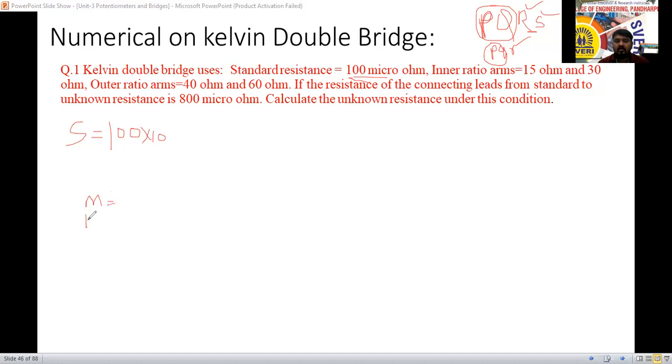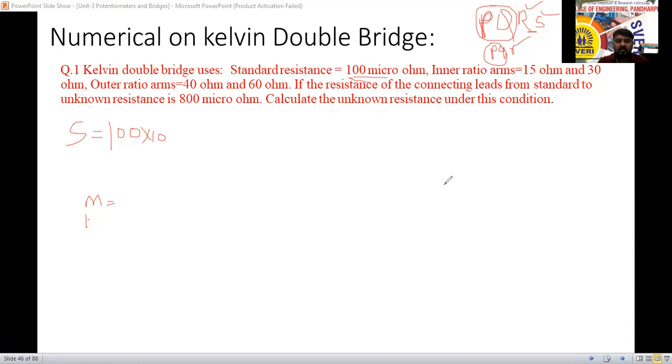Kilo means... micro means -6. Seema, Kartika, roll number 7, 9, 10, give the answer. Yes, sir.